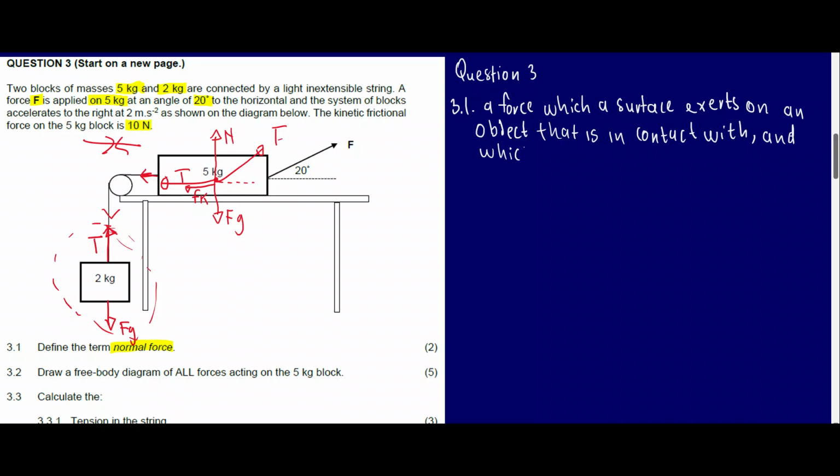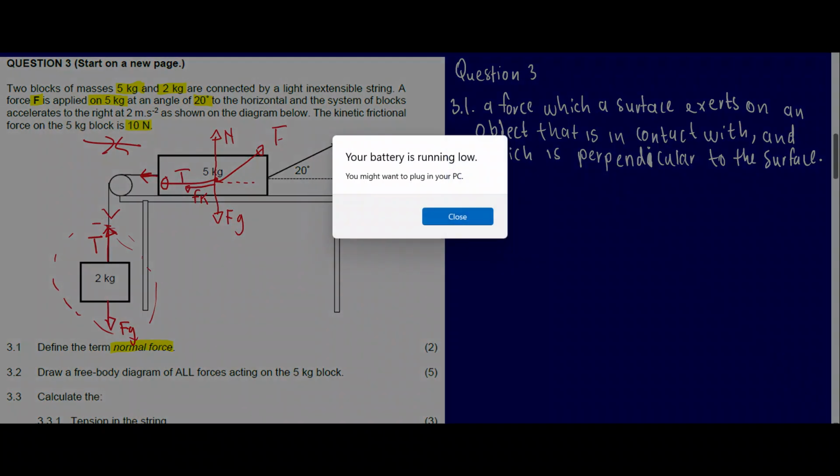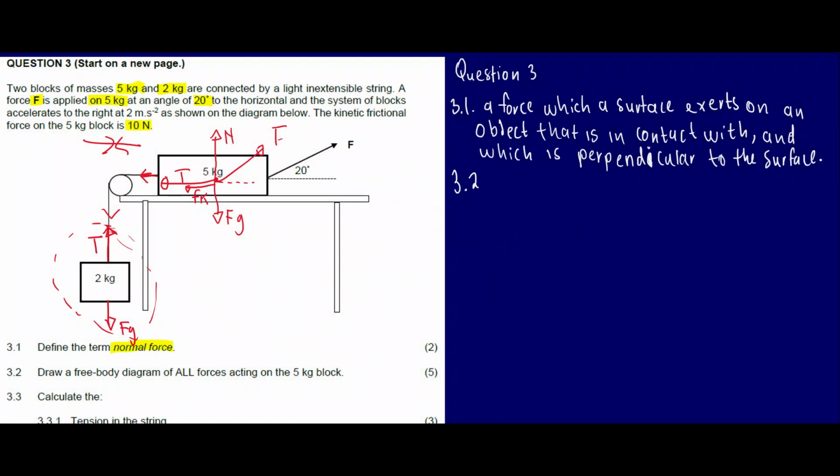You can also talk about the force being perpendicular. So it's always perpendicular to the surface, even though it is exerted by the surface. So perpendicular to the surface, right? I think we have it there, and we can move on to 3.2.